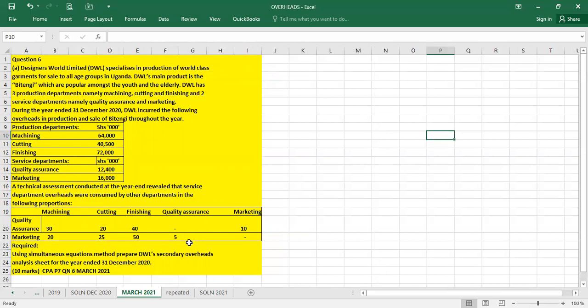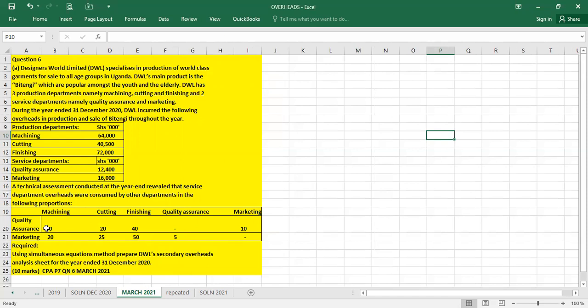But what this method says is that you distribute these service departments to each other throughout those departments, from the production to the service, until those service departments become immaterial. Remember, here we allow the inter-service components.